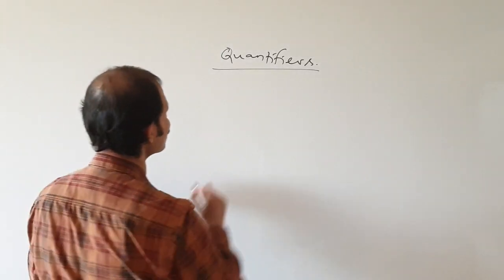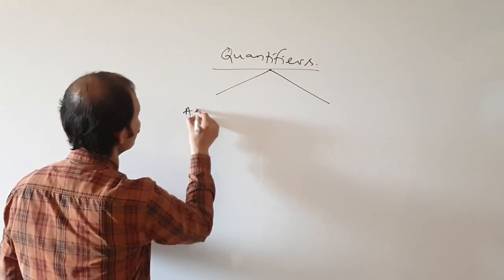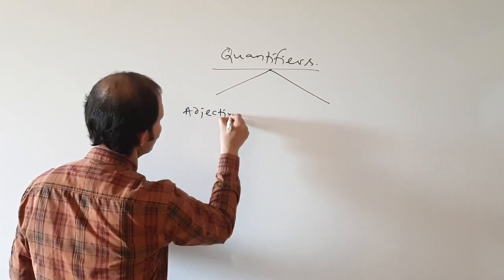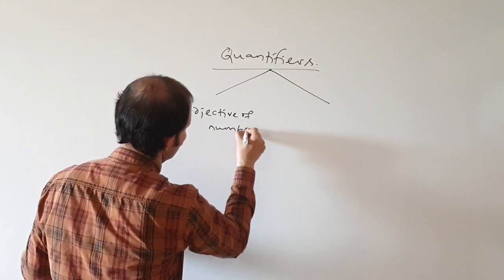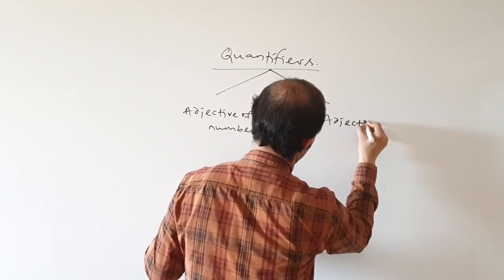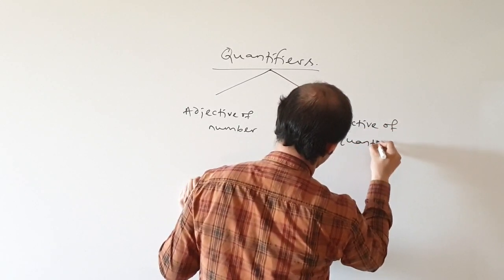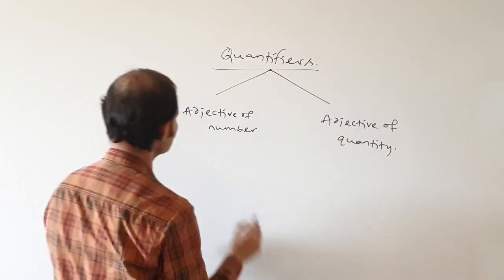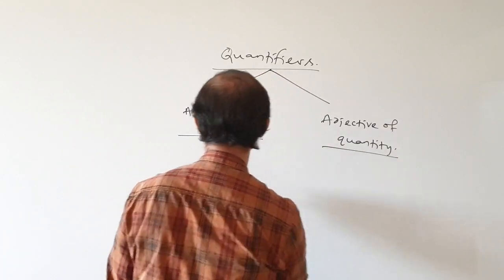Actually, quantifiers are of two types. One is adjective of number, and the next one is adjective of quantity. We have to discuss everything. First one is adjective of number, next one is adjective of quantity.